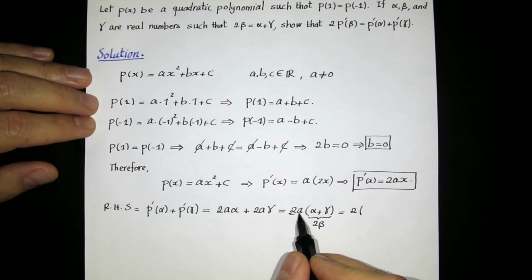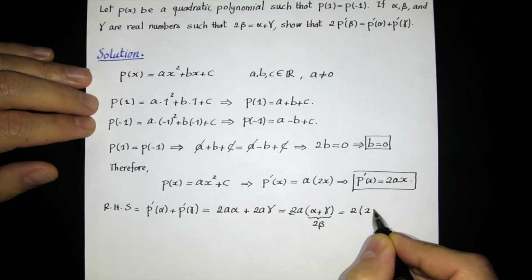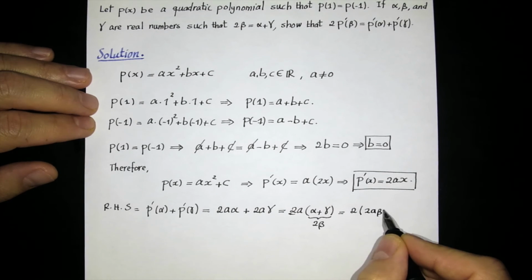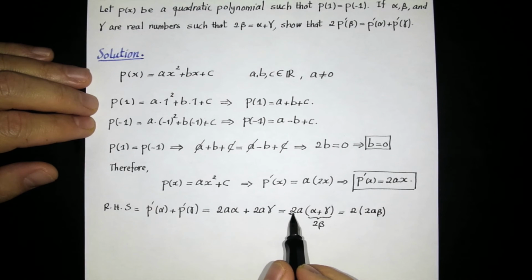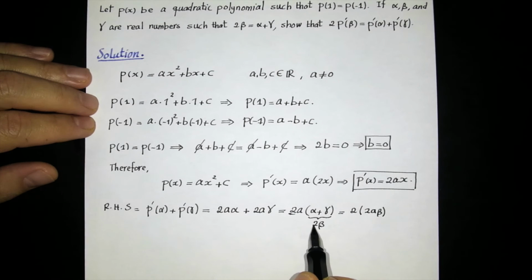But instead of writing a times 2 beta, I would write 2a beta. So you see this 2 is this 2. And then I have a times 2 beta, and a times 2 beta is 2a beta, which I have written here.